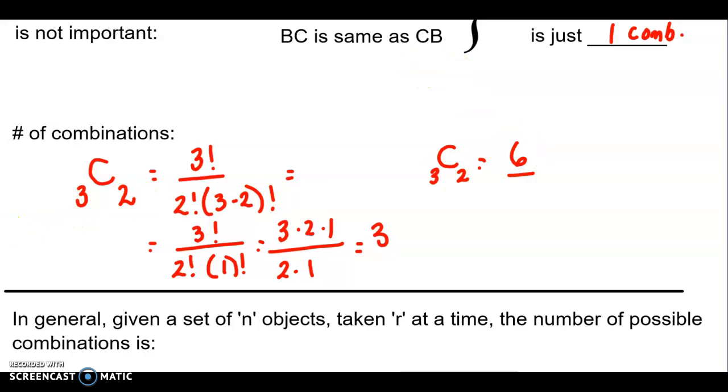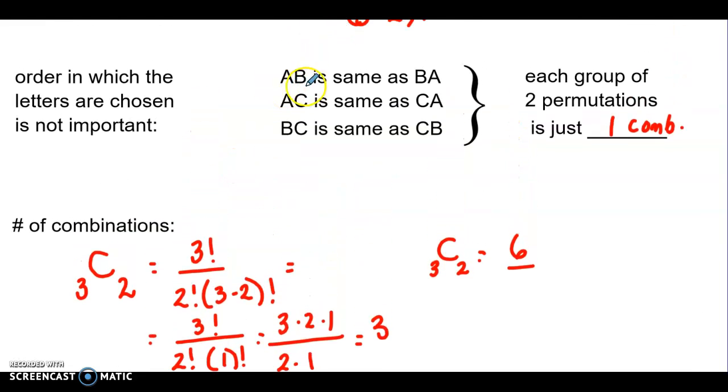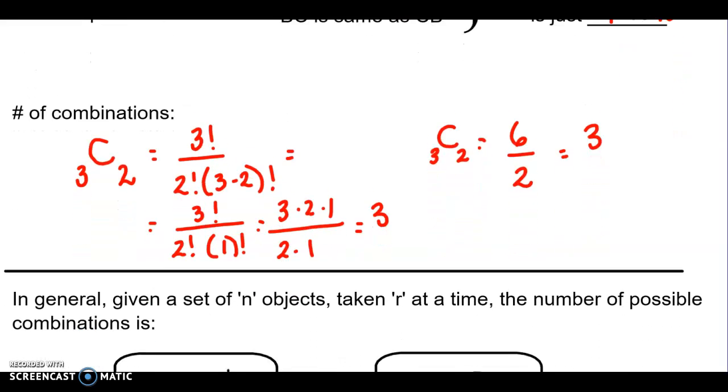If we divide that by the number of ways to arrange 2 letters in each group, there are 2 possible ways. So we divide this by 2, and that gives us 3 different combinations of letters where order is not important.